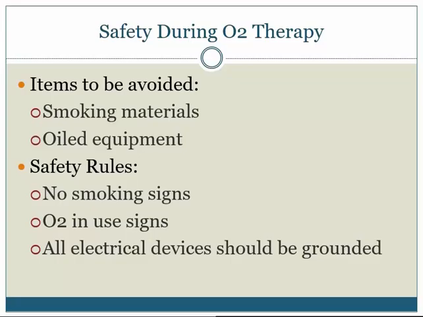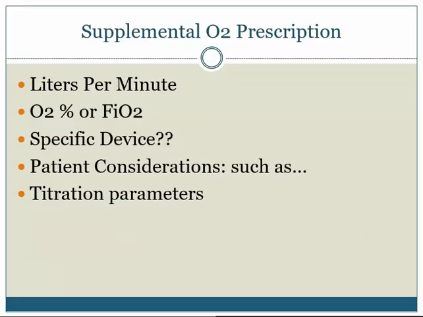So if there is a smoking section nearby, people know to make sure they're careful with that. Obviously, all electrical devices should be grounded. That should be something that's done regardless, and most buildings are hopefully built to code where your outlets are grounded, so all of our electrical devices are also grounded. To apply supplemental oxygen, you do need a prescription for it.